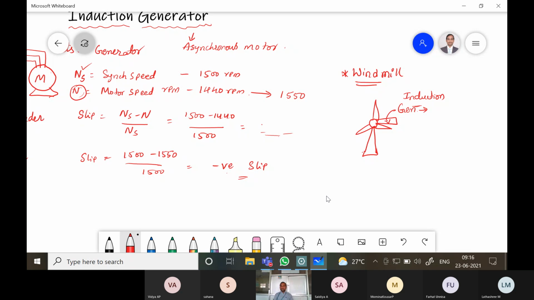Wherever there is a weak transmission line, in the remote end we are not getting the power, so they use an induction generator for supplying the power at the remote end. So these are the applications of the induction generator.